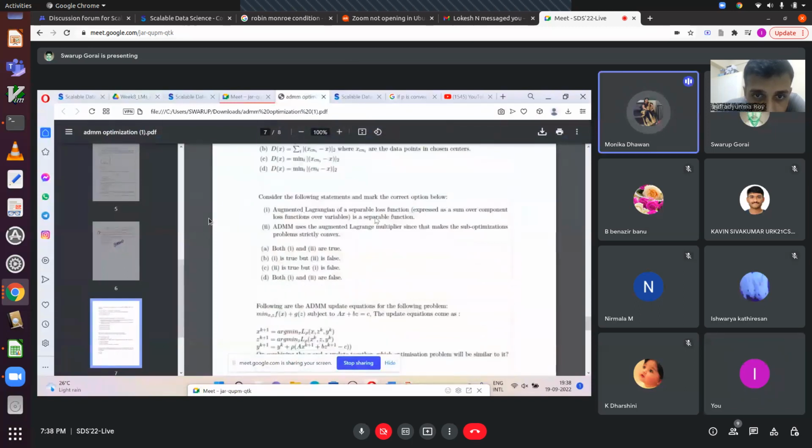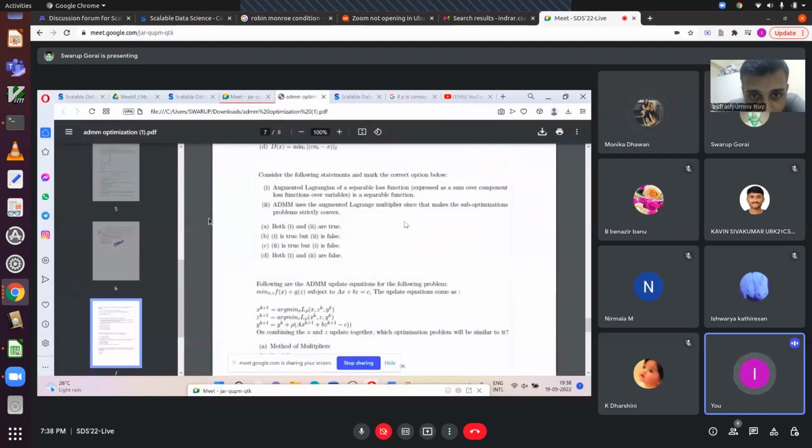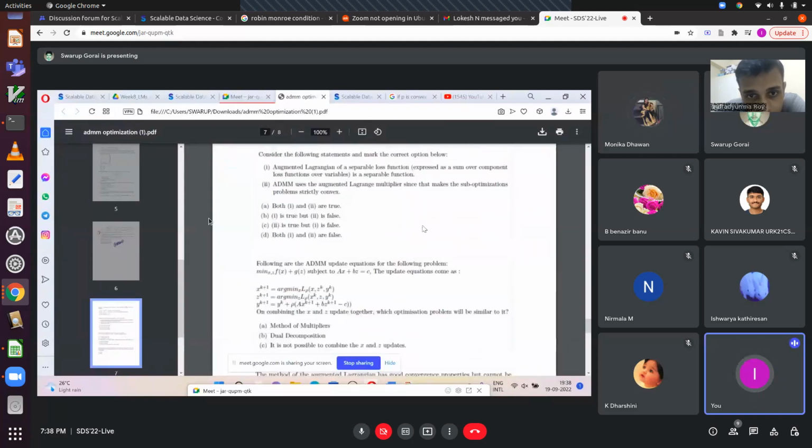Yeah, this is the multiplier. This is just a mixed automatic from the convex. So this question we have discussed before, right? Just 1 and 2 were exchanged. Yes, sir. Strictly convex thing we have discussed, that shortcoming of the method of multipliers was addressed by Rho.